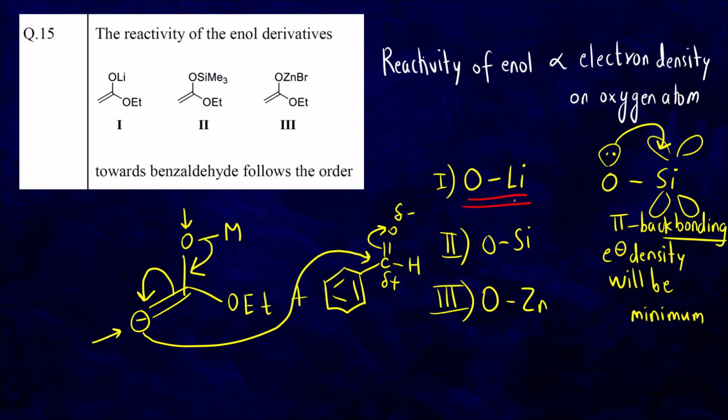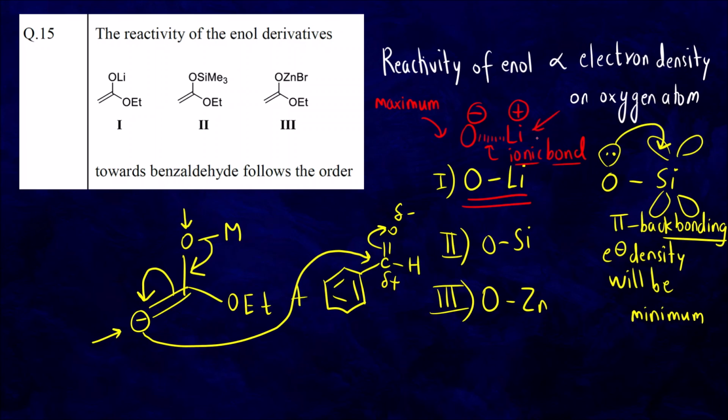If you see the oxygen-lithium bond, it does not exist as a bond like this. In fact, it will exist as O minus and Li plus. Interaction between ions is called an ionic bond, so there exists an ionic bond between oxygen and lithium. Here the oxygen will have the maximum electron density because it is an ionic bond.